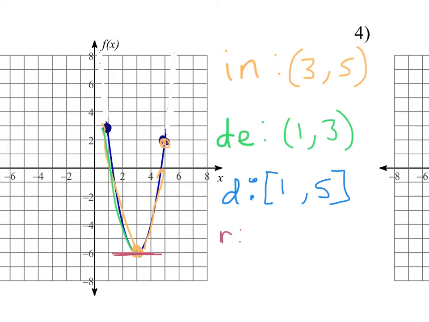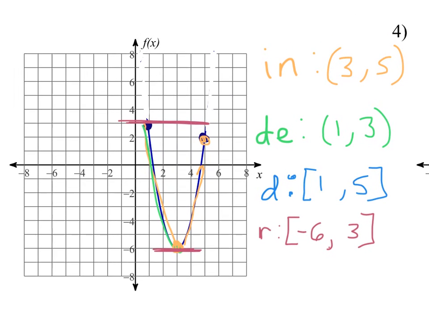So we start at the lowest point of our graph, which is -6, and then our graph ends when y is +3. So our range is -6 to +3. Any questions on this one?